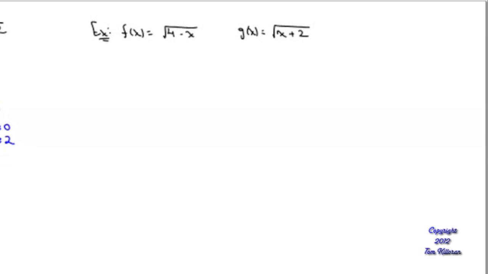And I want to find f plus g of x. You'll see that I avoid multiplication with radicals because that actually gets a little more tricky and we're not going to go in that direction. And its domain.